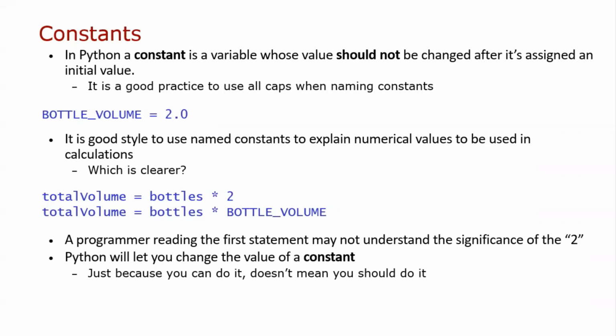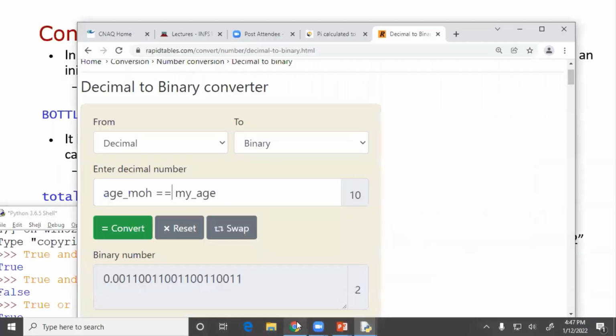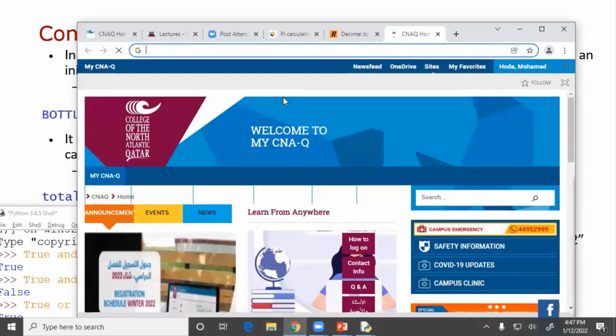You change it in how many places? Only one place, and it's going to be already reflected to the rest. Is this clear? Okay, so if you want to write a constant, how to write this constant? Everything is capital. And this is not only in Python, this is actually in any language that you can learn.